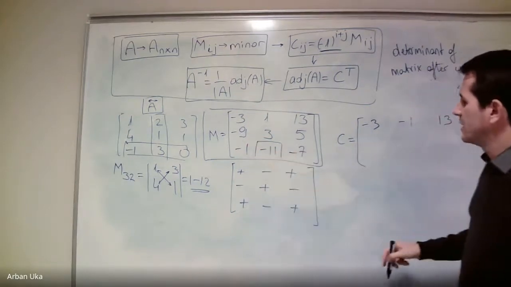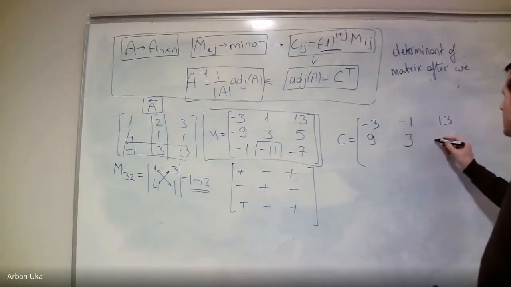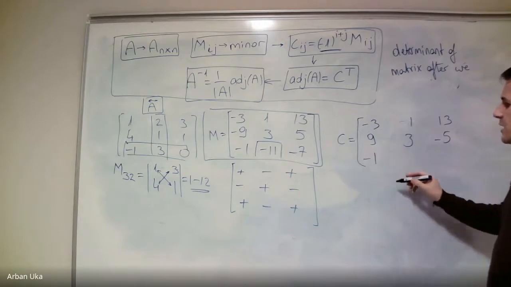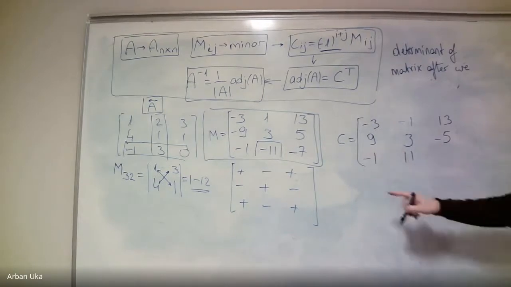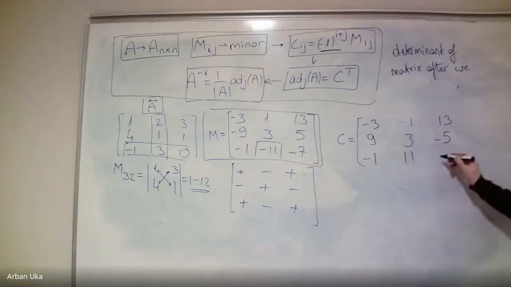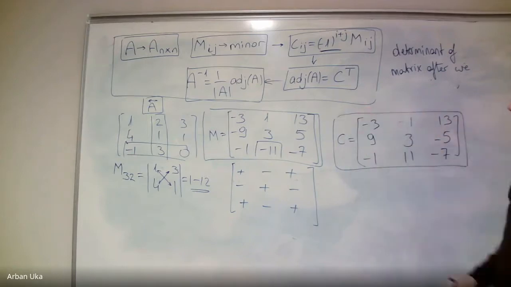Here we change the sign. This will make this 9, 3, minus 5. Here we don't change the sign. Here we change the sign. We make this 11. And here, if we multiply minus 7 with plus, we get minus 7. Okay. So this is the cofactor.